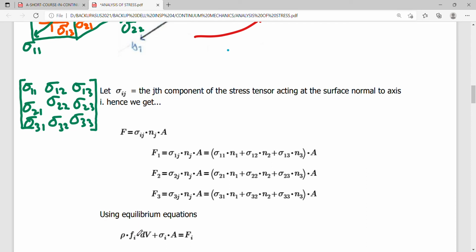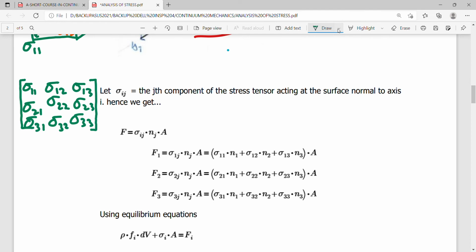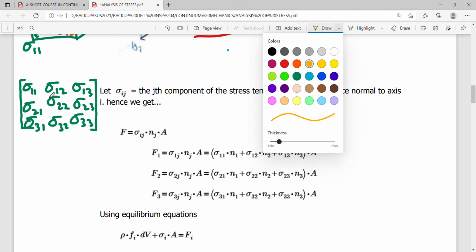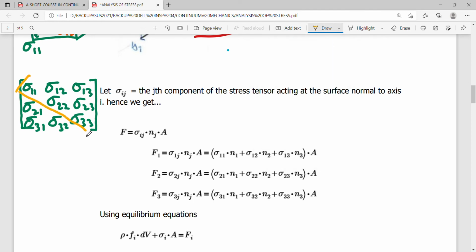Okay, so the diagonal elements are therefore considered as your normal stresses.